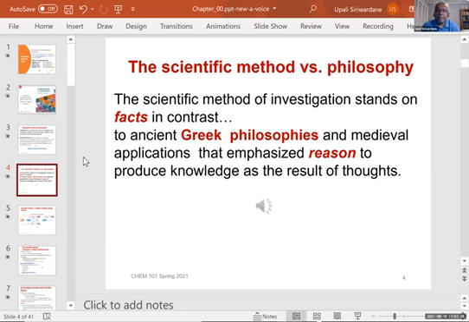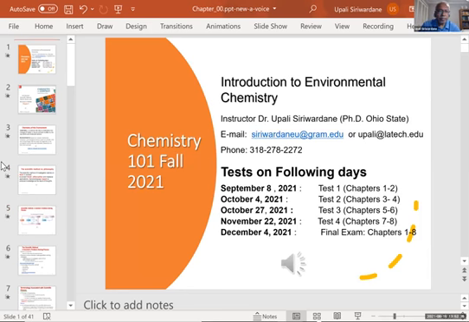Knowledge is the important thing, and if the knowledge is based on facts, then it's okay. But we scientists base knowledge on investigation based on facts, and come up with knowledge and theories to describe the world. The scientific method is composed of various steps.